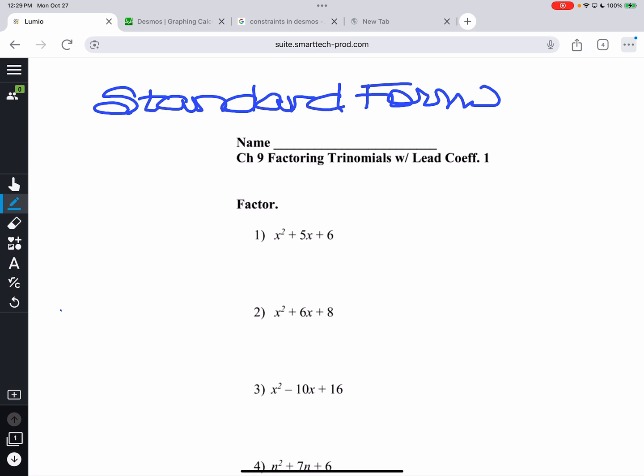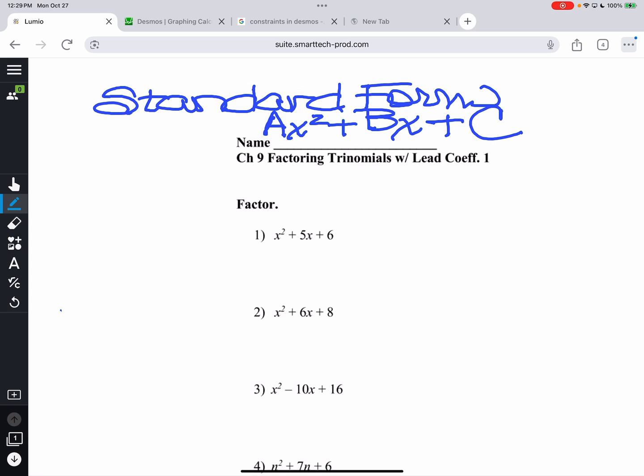So it's capital A, x squared, plus capital B, x, plus capital C. Your capital letters reference numbers, where A and B would be coefficients, but C would be a constant, doesn't have a variable with it.